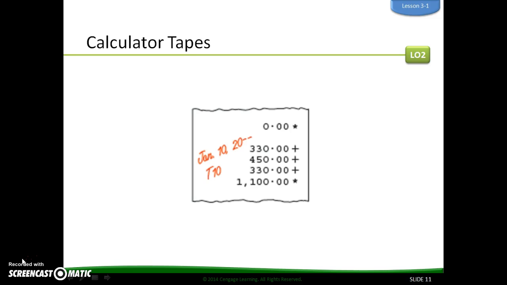A calculator tape is exactly what it sounds like. When you run a calculator tape off of an adding machine, then we have a record of individual transactions that total up to a certain amount. And you'll see why we might use a calculator tape later.